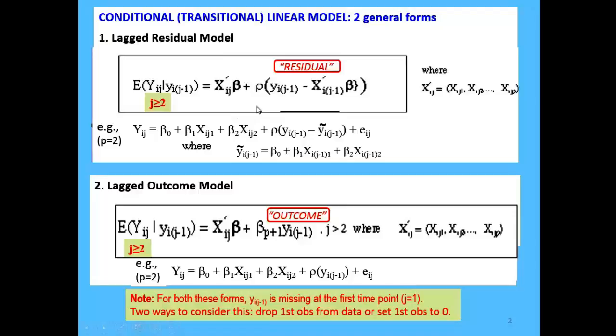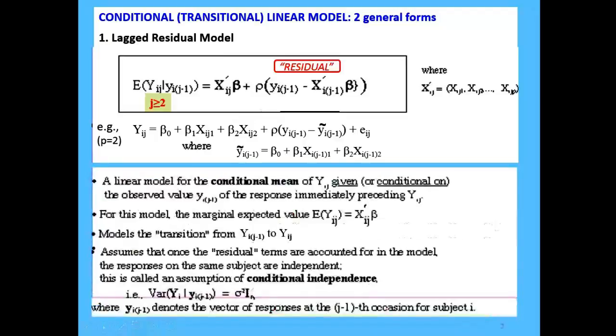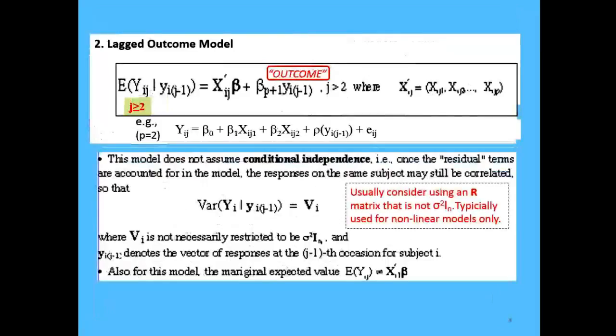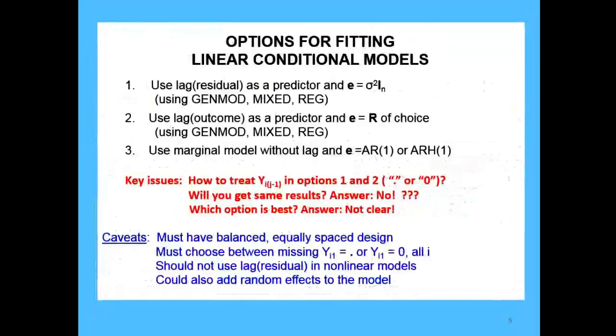Now, I'm going to show you how the computer will actually do this. Options for fitting linear conditional models. One option is to use this lagged residual model and fit that model that way. Another option is to use the lagged outcome model.